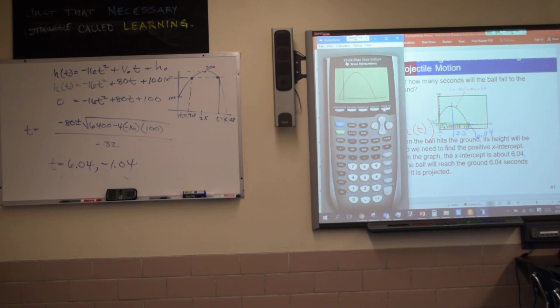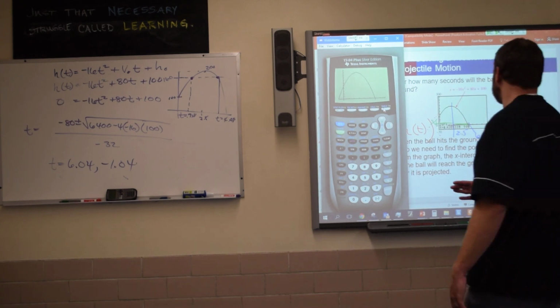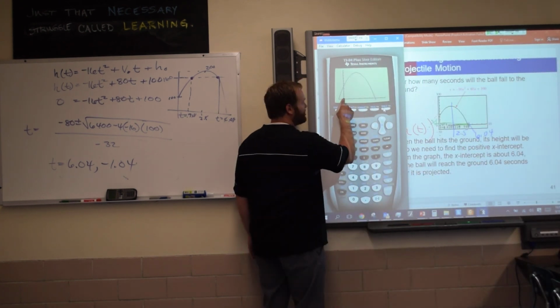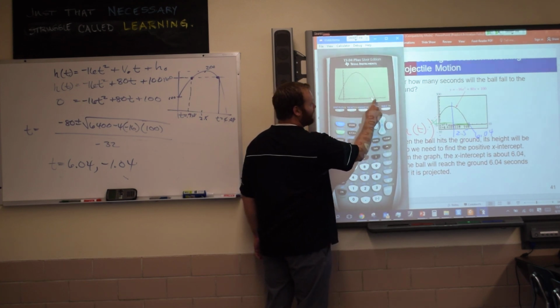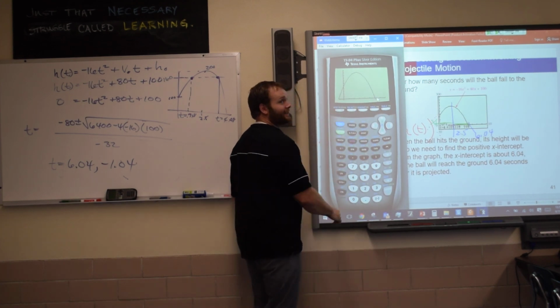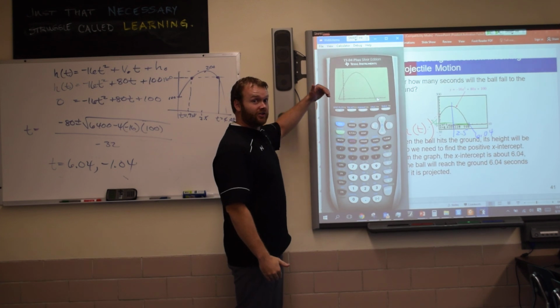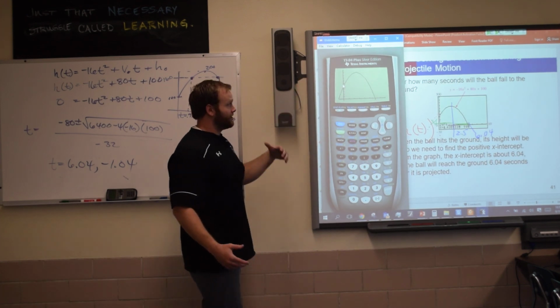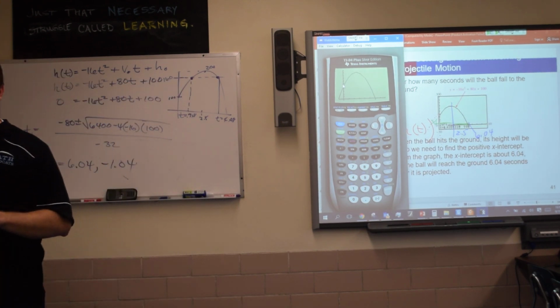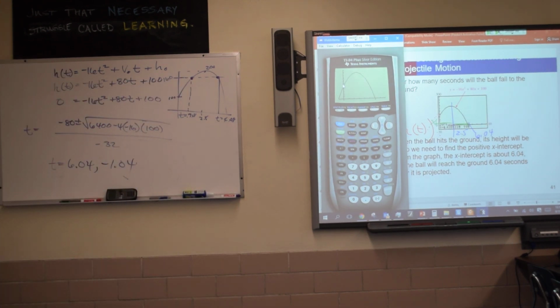Now understand what this means because of the scales that we use. That's 0, that marking is 1, that marking is 2, 3, 4, 5, 6. On the y-axis, they're not going by 1s. We chose to go by 20, so 20, 40, 60, 80, 100, which mimics the place where we stood on the y-axis and threw that ball.